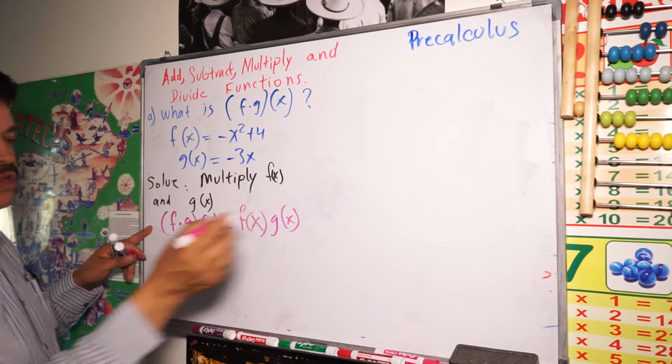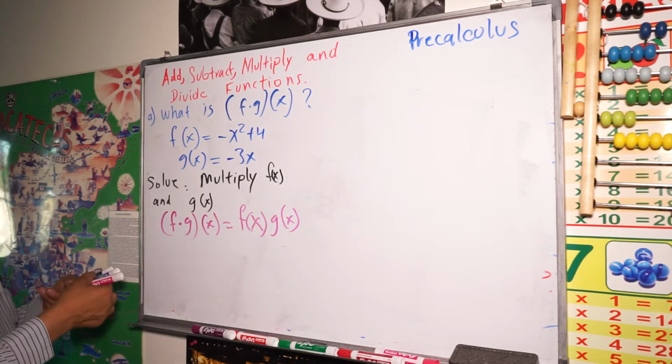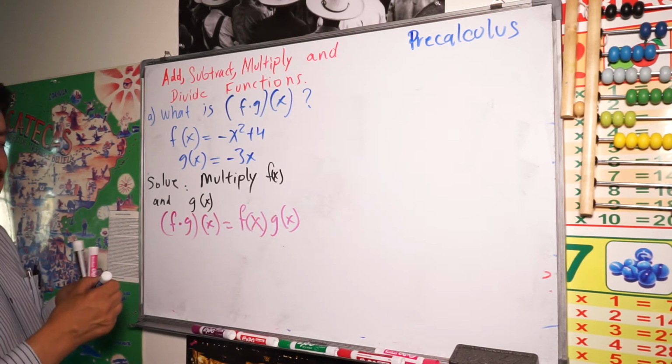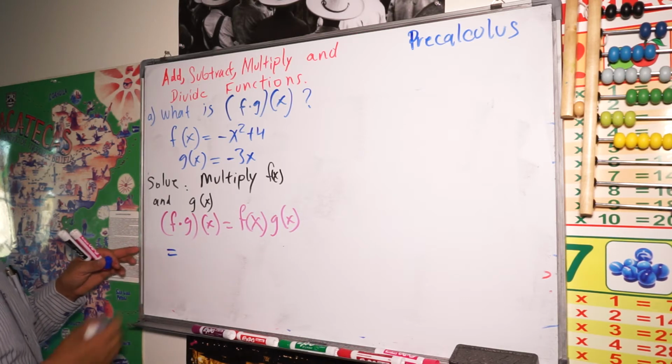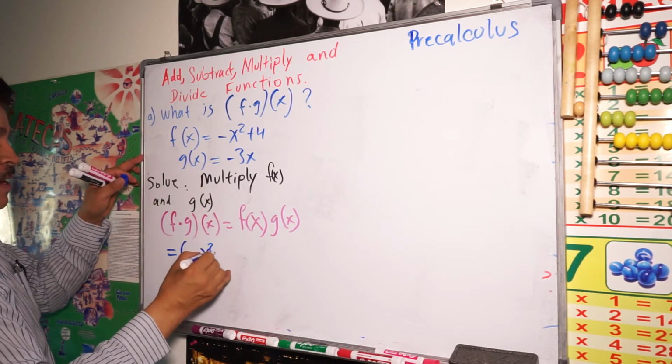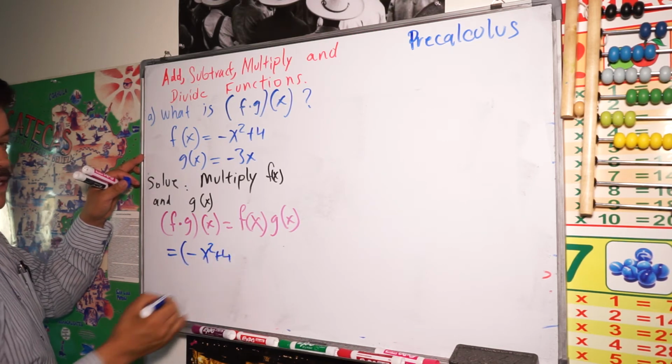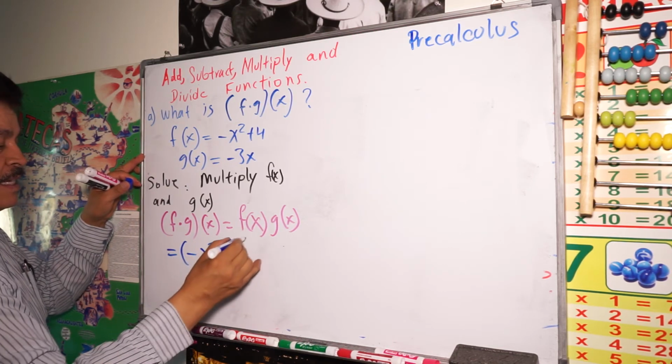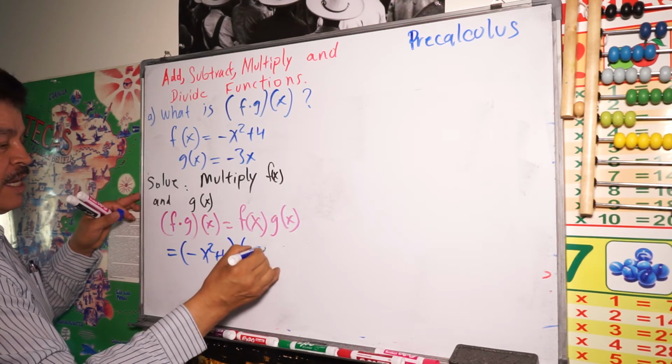Substituting the formula, we have negative x squared plus 4, times negative 3x.